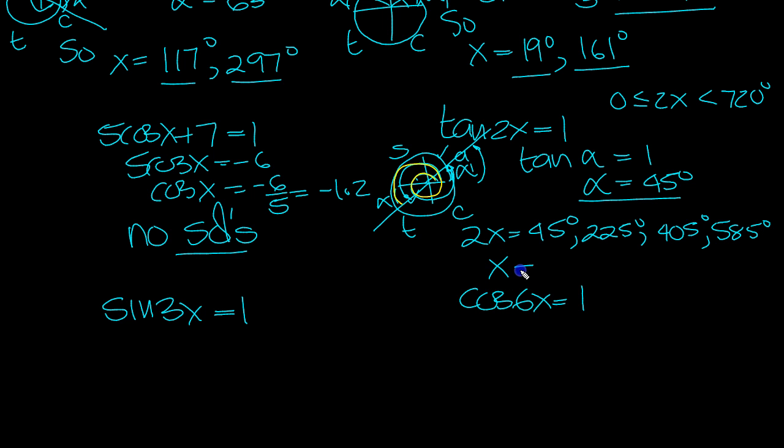So x, I'm going to round to the nearest degree. So the half will round up to 1. Oh, I'll do it to the half degree then, because it's right in the middle. 22.5, 112.5, 202.5, and this one is 292.5.